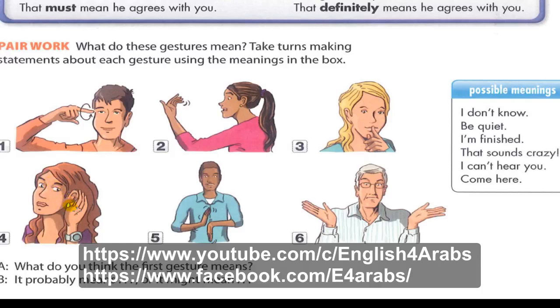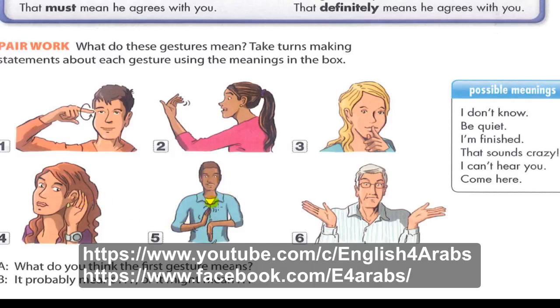A young lady is putting her hand on her ear. So that might mean I can't hear you. It could mean I can't hear you.